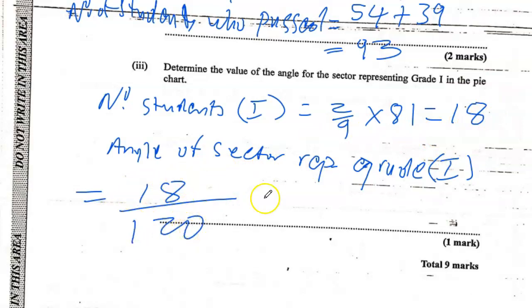So 18 students out of 120 students times the 360 degrees, because remember, the total angle in the circle is 360. 120 into 360, that's 3. So it's 3 times 18, that's 54 degrees. So the angle representing grade 1 would be 54 degrees.